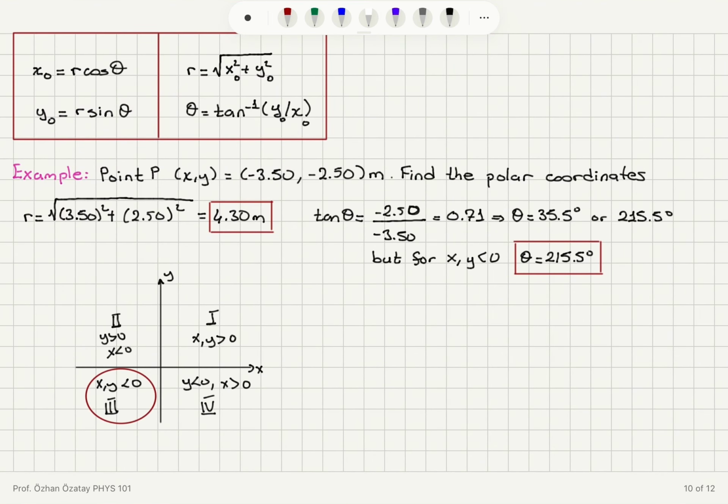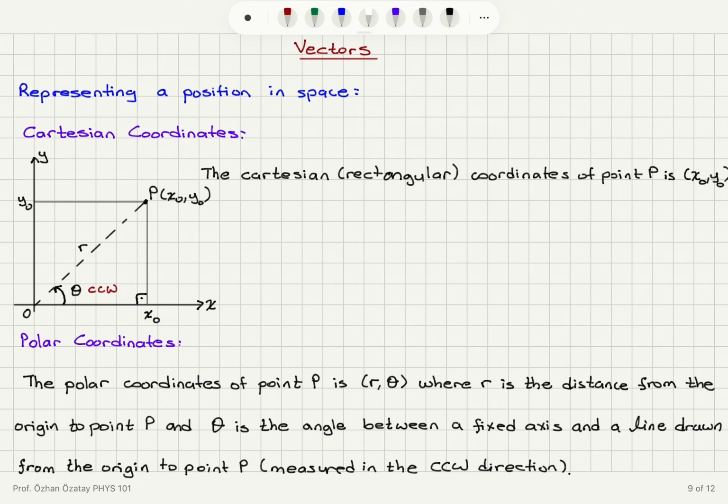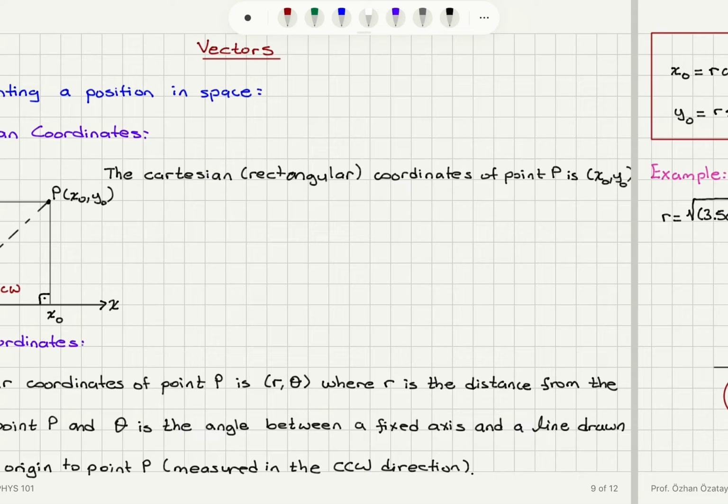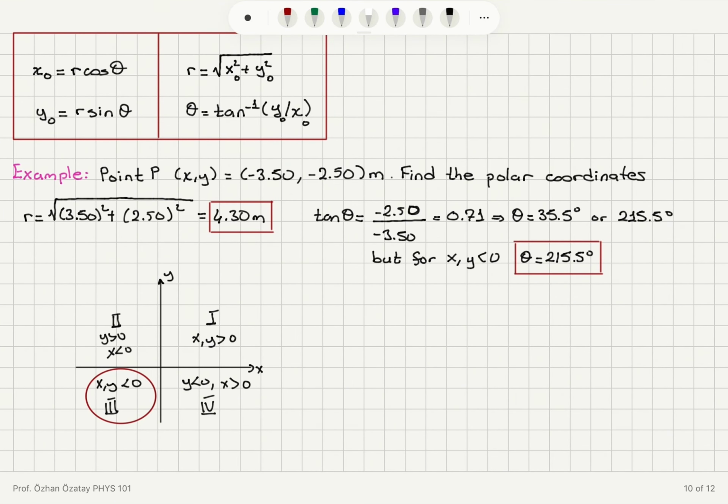These 2 sets of values, x0, y0 and r, theta, can be transformed with these equations, and that is basically relying on the trigonometric properties of this right triangle. So cosine theta is x0 over r, so x0 is r cosine theta, y0 is r sine theta.